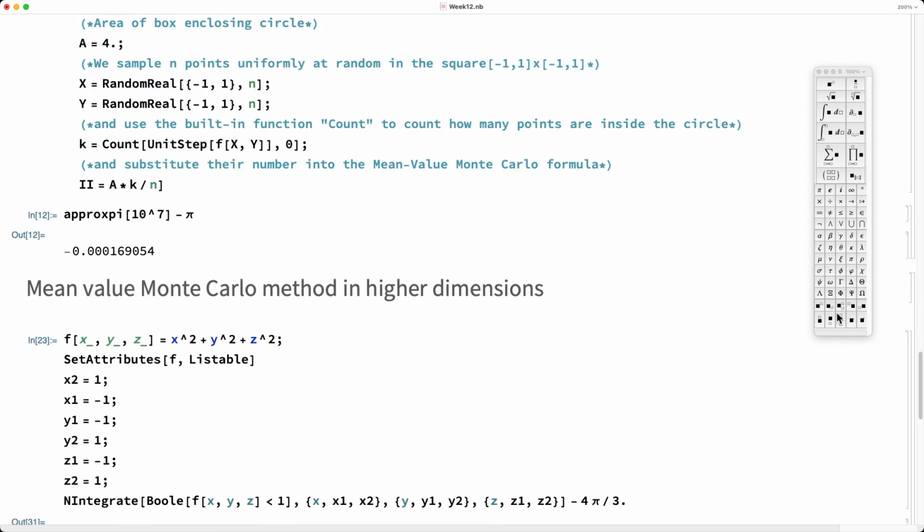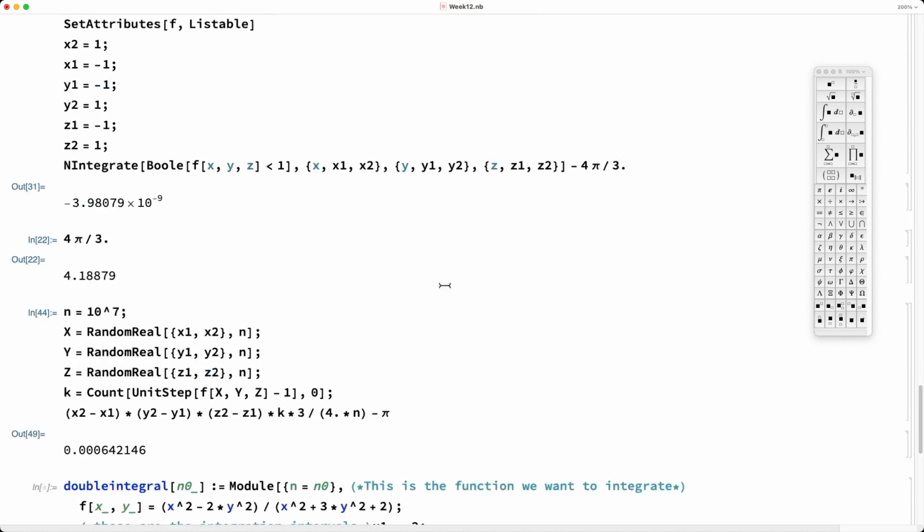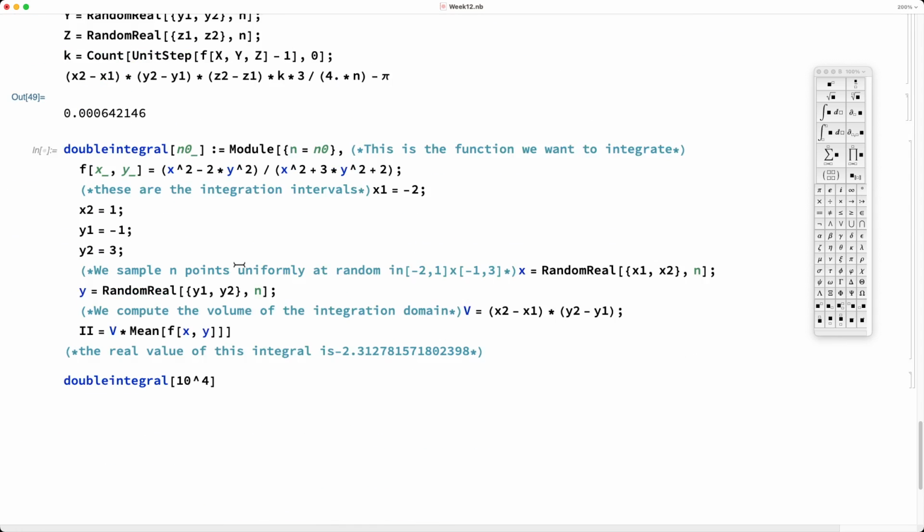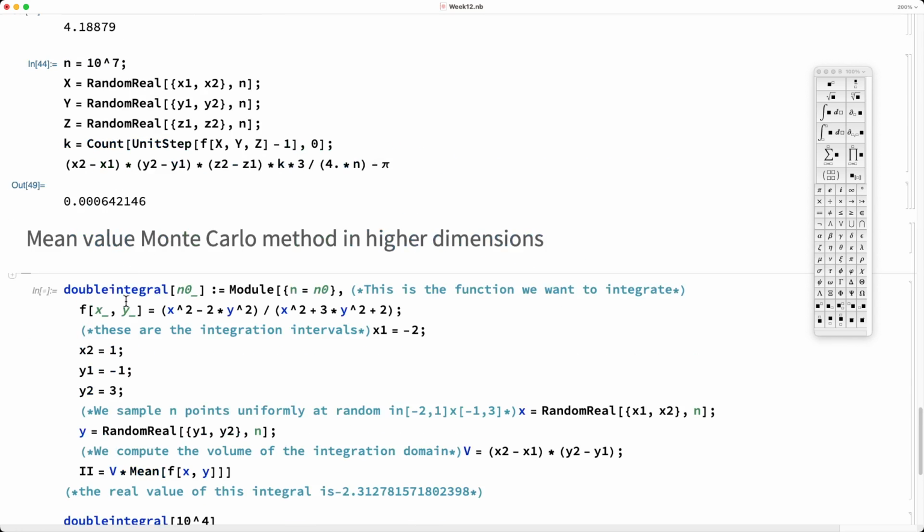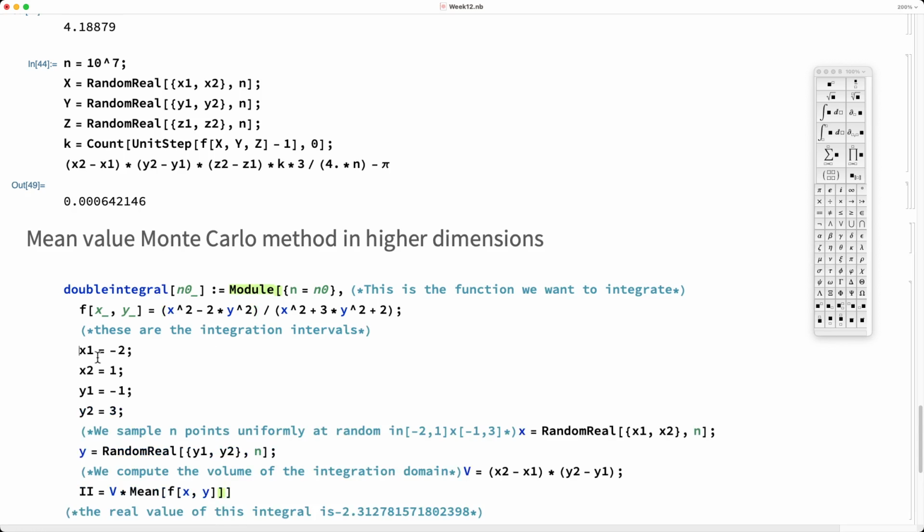So let's suppose we have to calculate the integral of this function. And the interval is for x going from -2 to 1 and y going from -1 to 3. We can try and do NIntegrate.